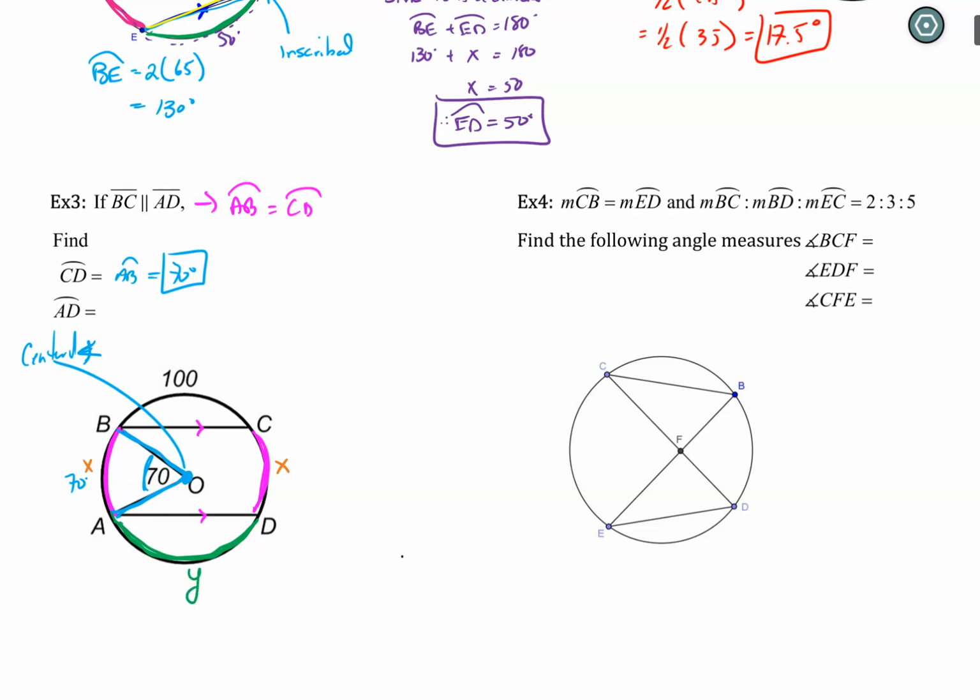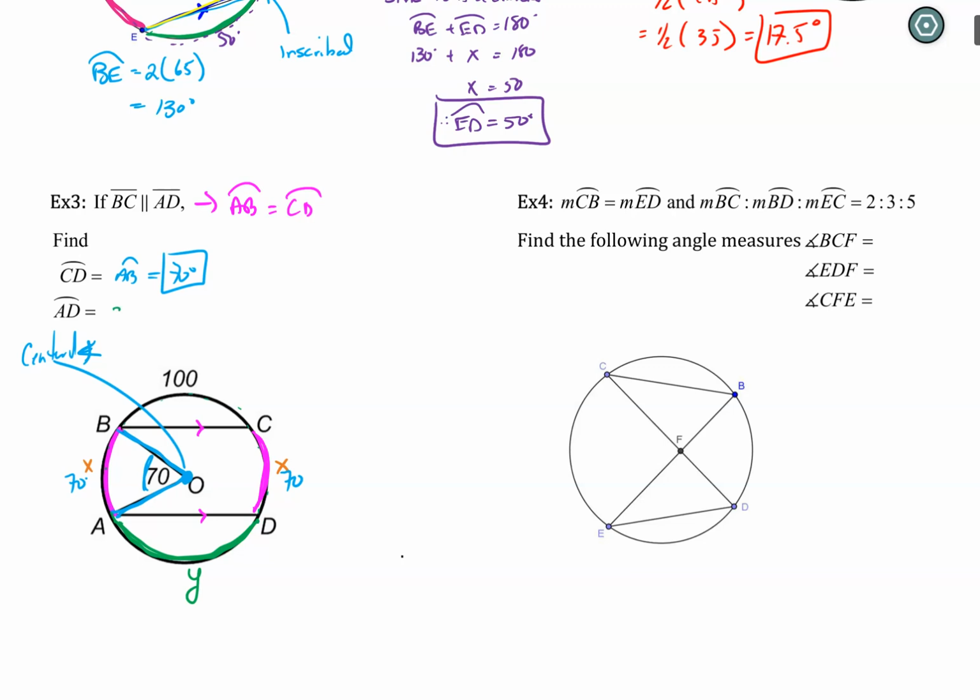All right, so now I've got this information. So we know that this was 70, so I can also put this as 70 here. And now I do have information for all the arcs that make up the circle, right? So I do have an entire circle here. If I was to continue all the way around, I do get 360 degrees.